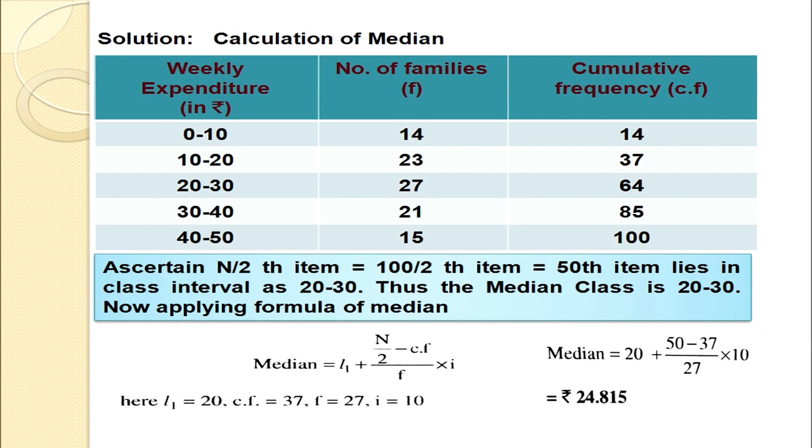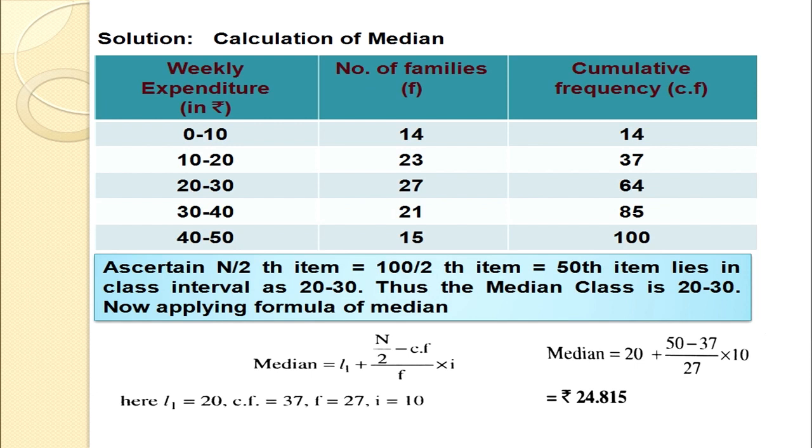Now students, write the formula first. The formula goes median is equals to lower limit plus n by 2 minus Cf upon f into I. We will put the value. L over here is lower limit of the median class, that is 20. So we written 20 plus, then comes n by 2, it is 50.